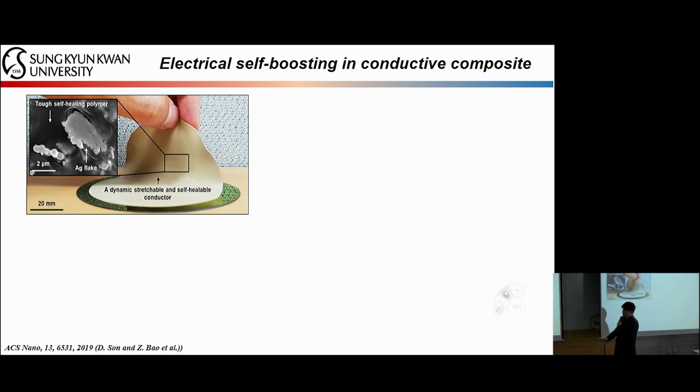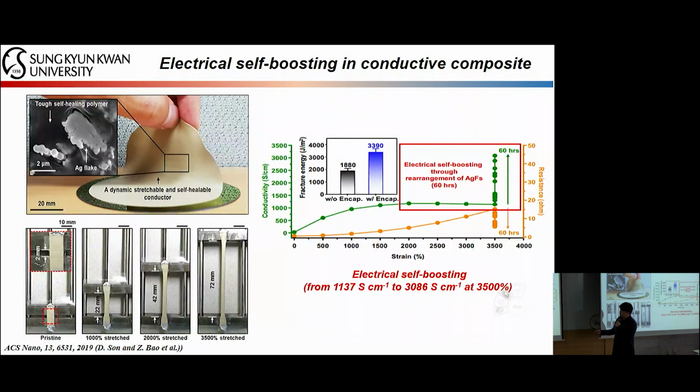The polymer is also insulating. To provide electrical conductivity, we mix the polymer solution with silver flakes. After encapsulating the composite material, we can stretch it up to 3,500% strain while showing a good resistance level, approximately 15 ohm.